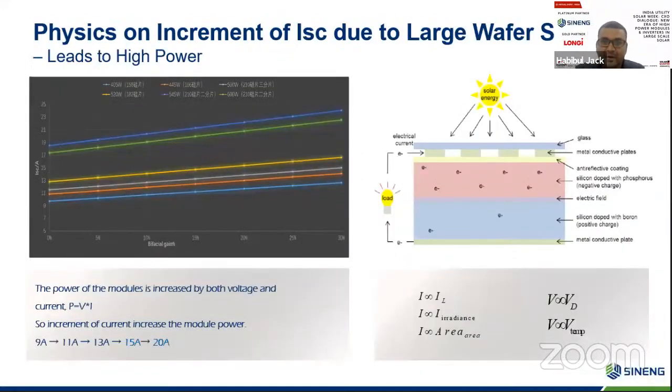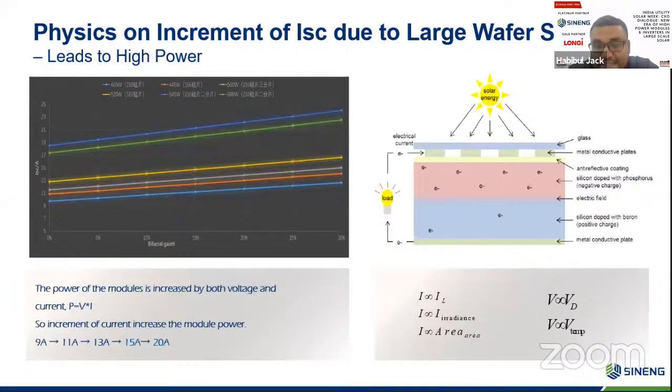To understand the power increment with the increment of wafer size, we need to take a step back into the basics of PV physics. PV cell is a current source. When sunlight comes into the cell, the photon collides with the electron, and electron will flow through the less resistance path and flow through cables. The number of electrons generated is directly proportional to the irradiance.